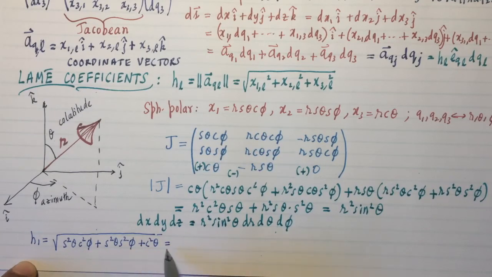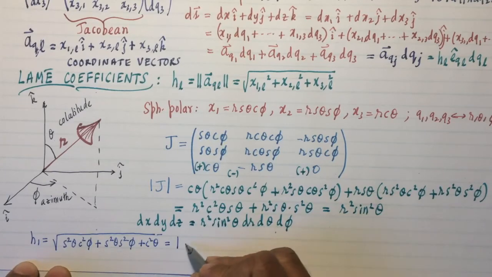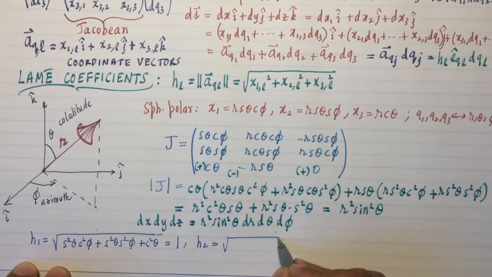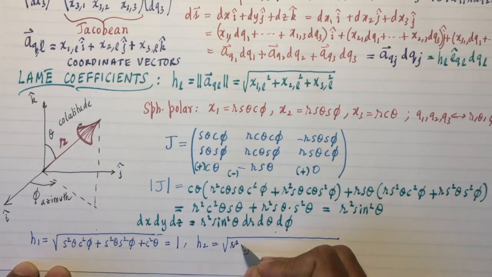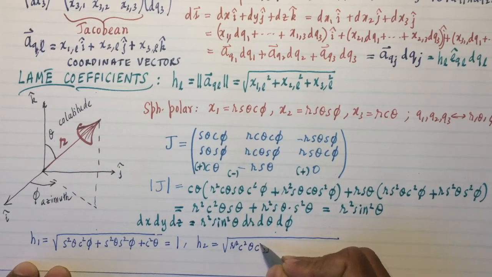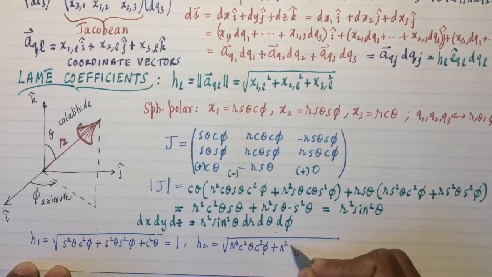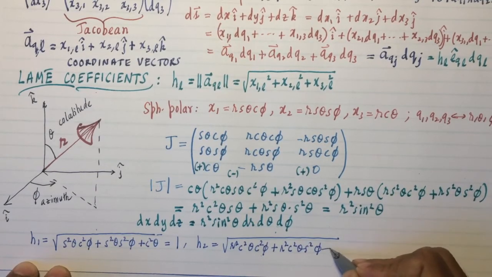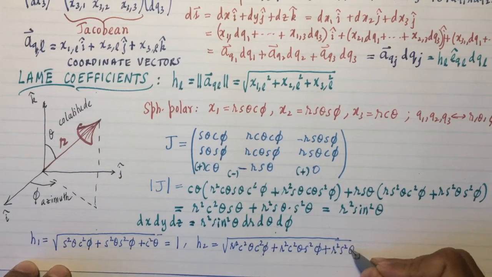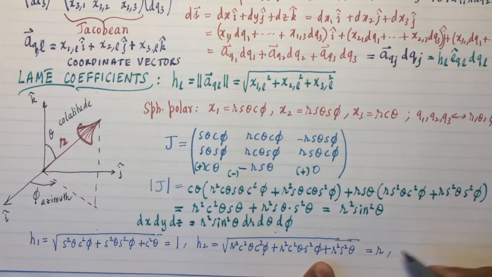That gives me sine squared plus cosine squared is again 1, so that whole thing is 1. h2 will be the square root of everything that occurs in the middle. So that's r squared cosine squared theta, middle column. It doesn't matter that there's a minus sign there, because it gets squared and goes away. Here, if you look at this, they add up to 1, which means I get r squared cosine squared theta. But r squared cosine squared theta plus r squared sine squared theta is just r squared, which when you take it out of the square root becomes an r. And in the same way, h3 is r sine theta.